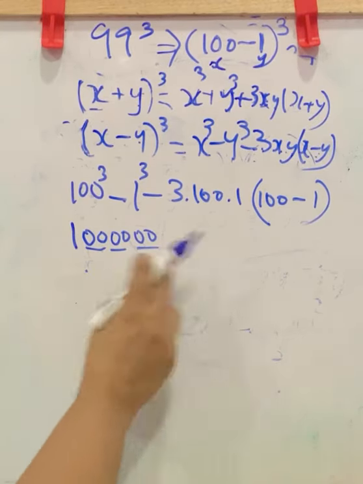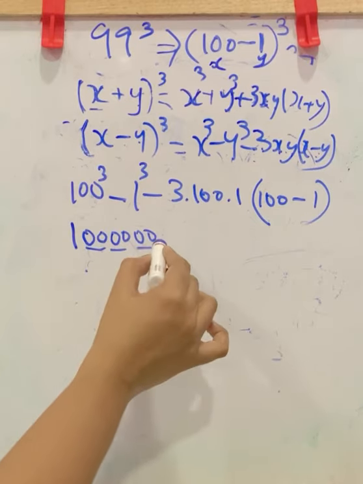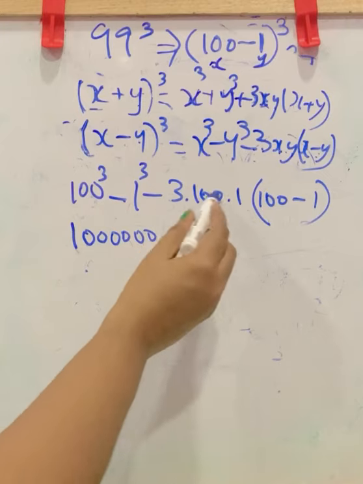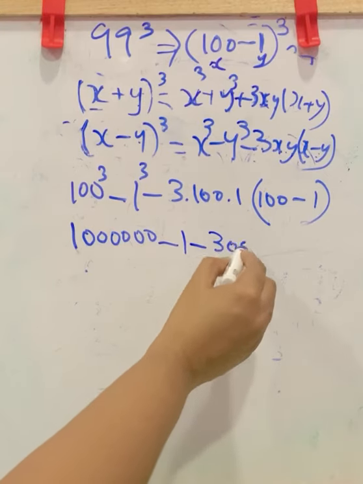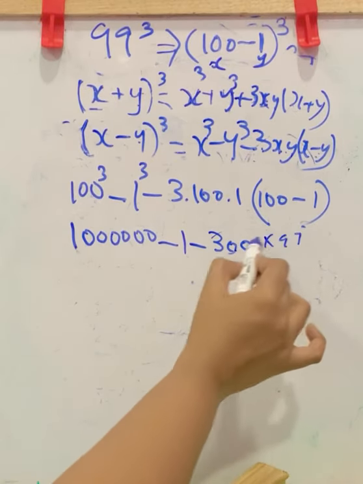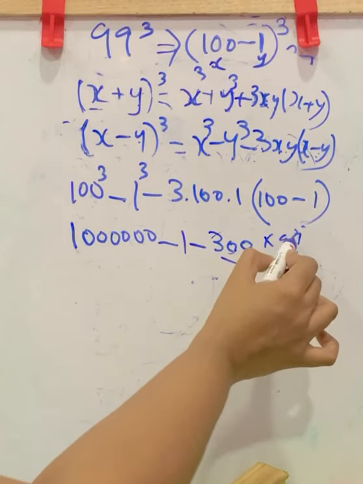So 100 cube is 10 lakhs minus 1 cube is 1 minus 3 into 100 into 1 is 300. Now inside the bracket, if you are subtracting this, according to BODMAS, first comes the bracket, so you can subtract this. But if you are subtracting, here you will get 99 and you want to multiply these numbers.